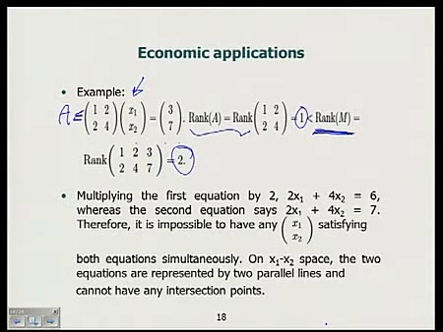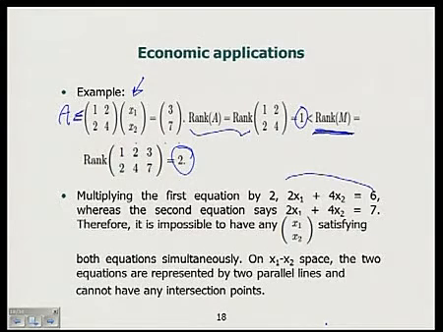Multiplying the first equation by 2, as I said before, 2 times x1 plus 4 times x2 is equal to 6, whereas the second equation says 2 times x1 plus 4 times x2 is equal to 7. Therefore, it's impossible to have a solution. No vector can be a solution vector satisfying both equations simultaneously. In the x1, x2 space, the two equations are represented by two parallel lines and cannot have any intersection point.